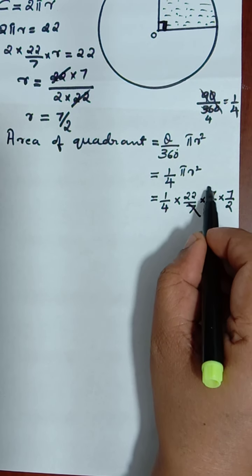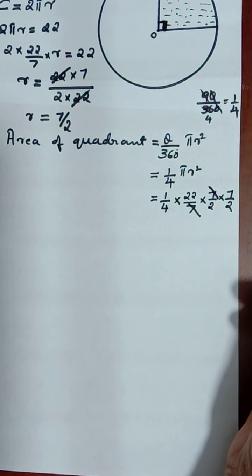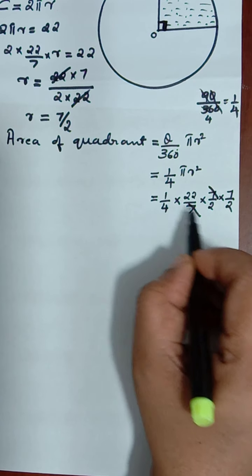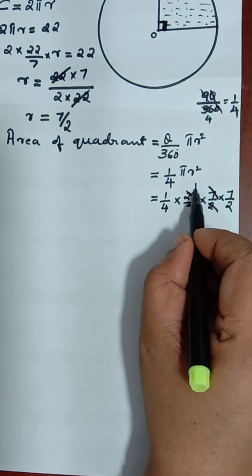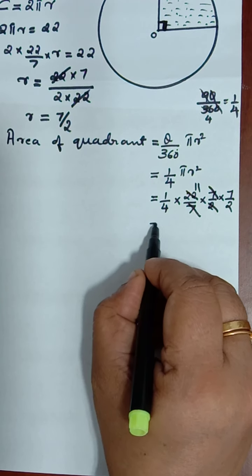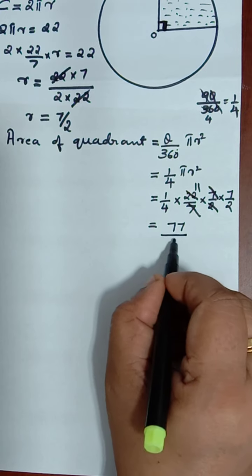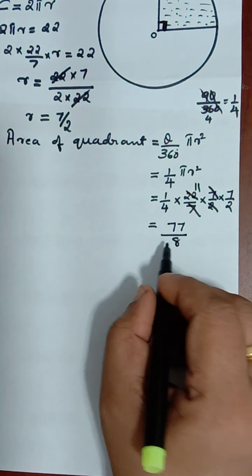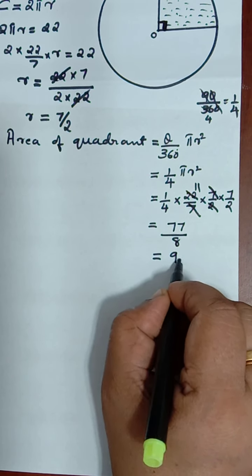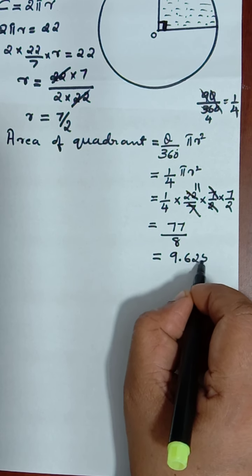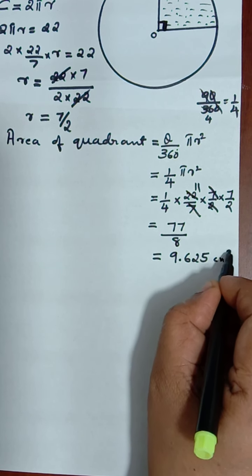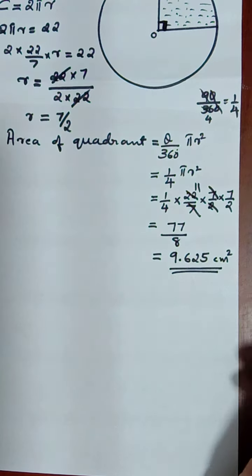So we will be cancelling 7 and 7. Here 4 can be cancelled, or 2 can be cancelled. With this we are getting 11. So 11 into 7 is 77, divided by 4 2s are 8. Divided, get the answer 9.625. Area unit is cm square.